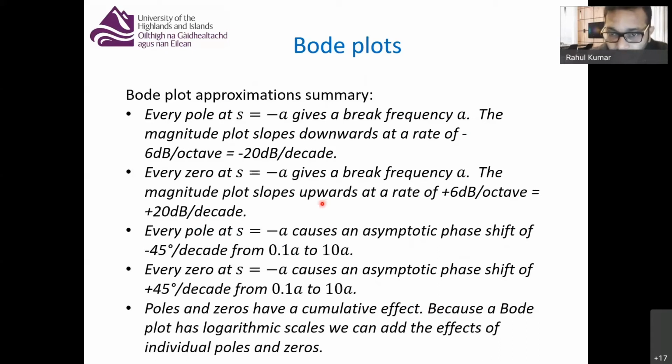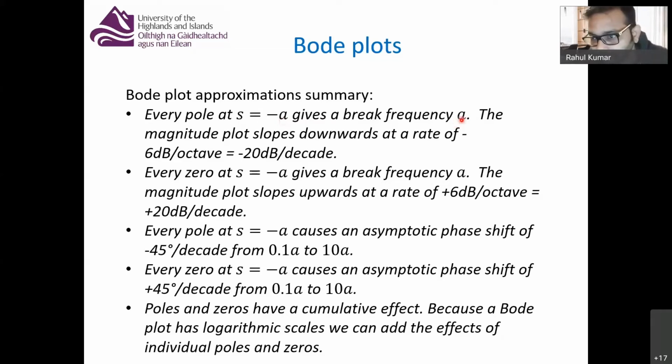Now, if you have a pole at a certain value, let's say we have a pole at s equals minus a, this pole will give a break frequency at a. So if your value of pole is minus 2, you will get a break frequency at 2 radians per second.